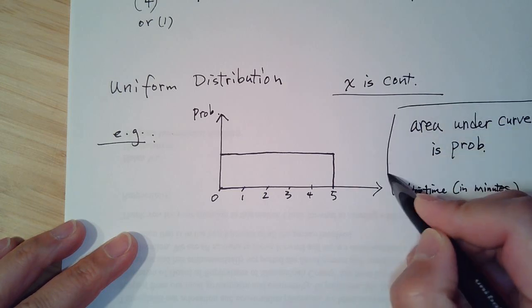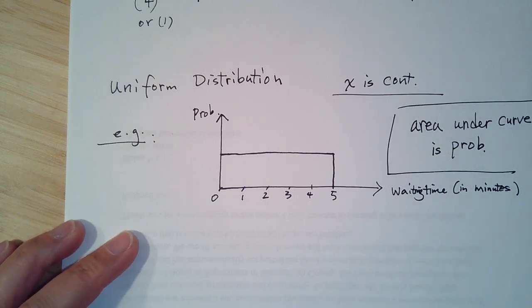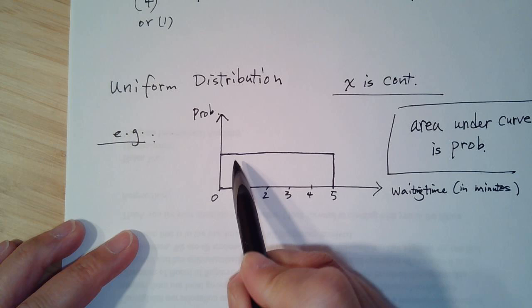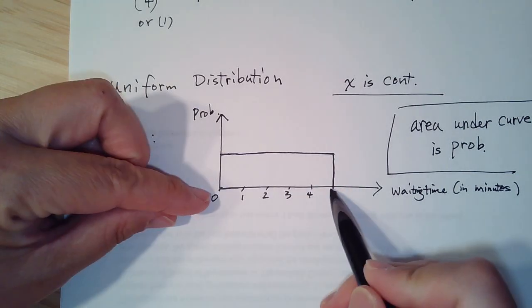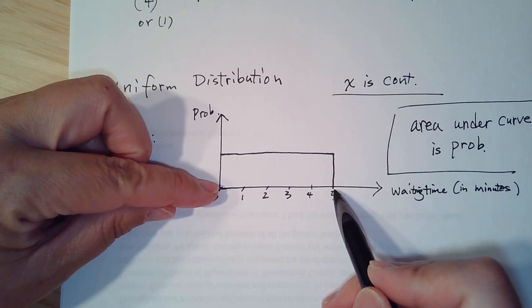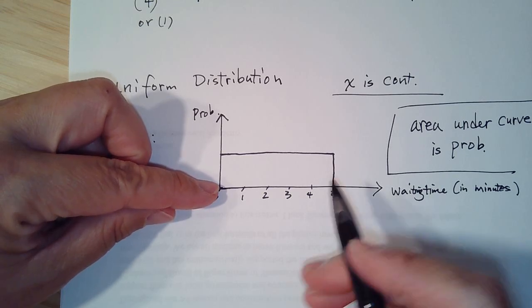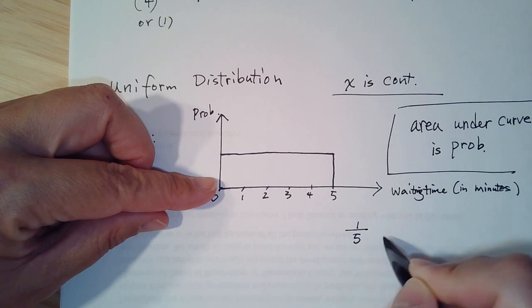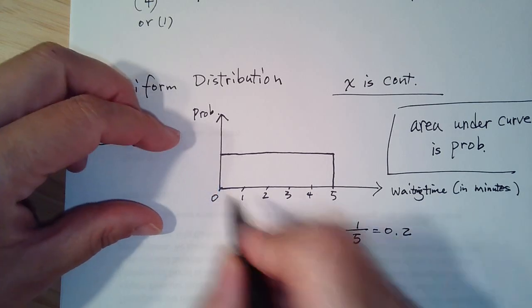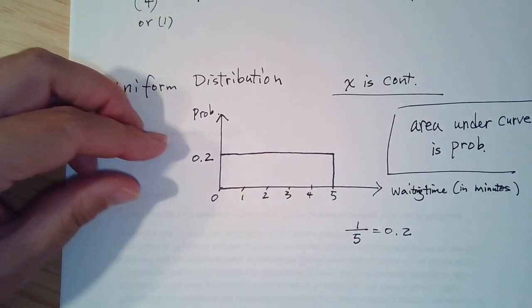This is the most important thing that you're going to remember. So if the whole area under this line is 1, and the length is from 0 to 5, that is 5, then the height will be 1 divided by 5, right? Which is 0.2. So here should be 0.2.